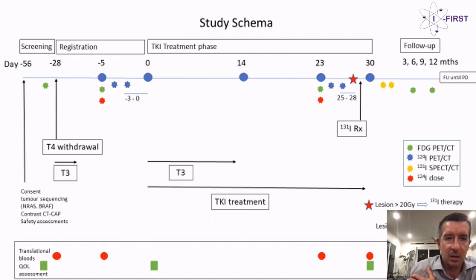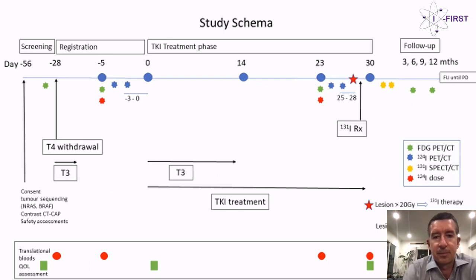This is a brief outline of the study schema. So patients will have FDG PET prior to thyroxine withdrawal, then be evaluated with both I124 and FDG PET studies. These will be centrally reviewed before the patients proceed to further thyroxine withdrawal, coinciding with 4 weeks of TKI treatment before repeat imaging and dosimetry PET studies.